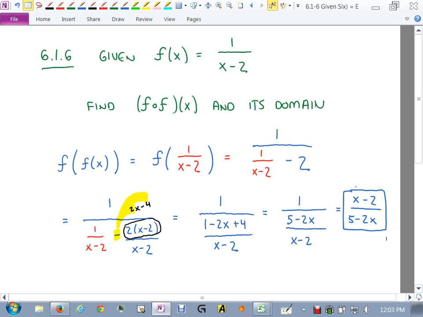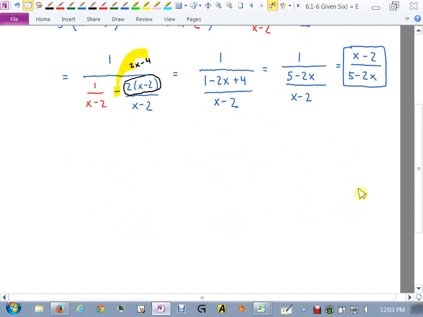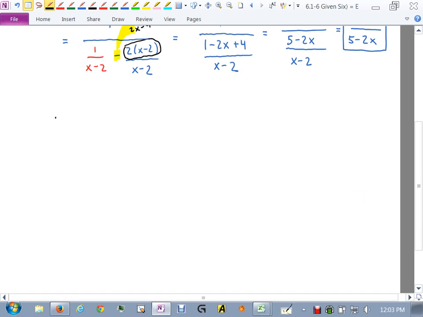Domain time? Okay, so x is going to get plugged in. Let's try this a little bit different now. X is going to go into f. What does f spit out? Which is?